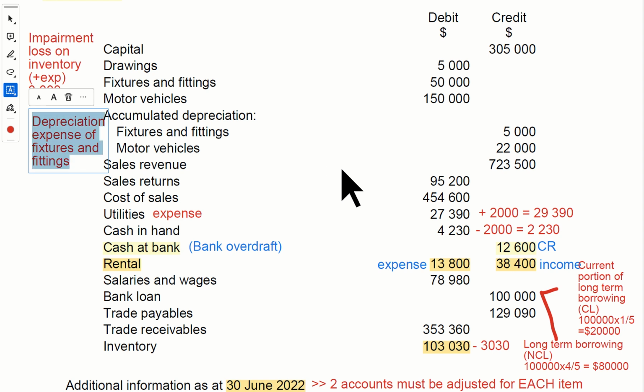You can just write a short form since it is your own working. So I will just write DEP EXP, that's depreciation expense of fixtures and fittings. And I need to know this one is an increase in expense of $5,000.